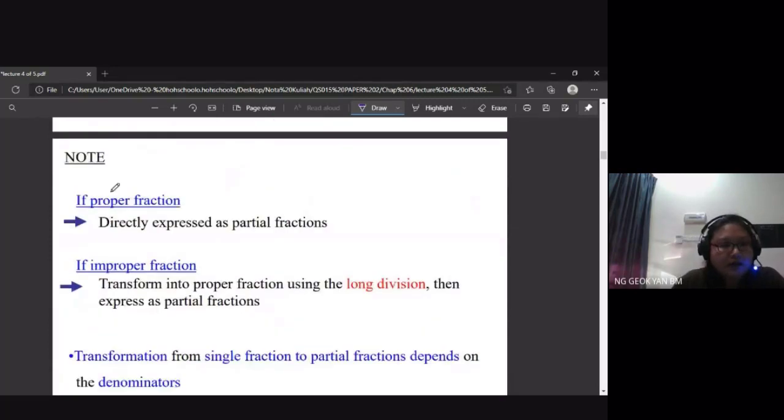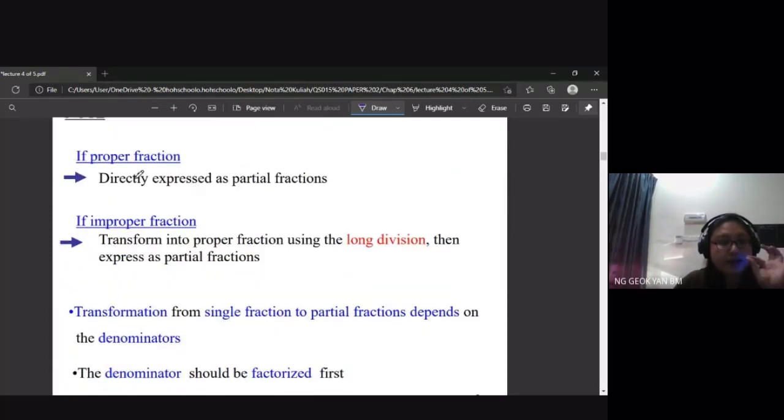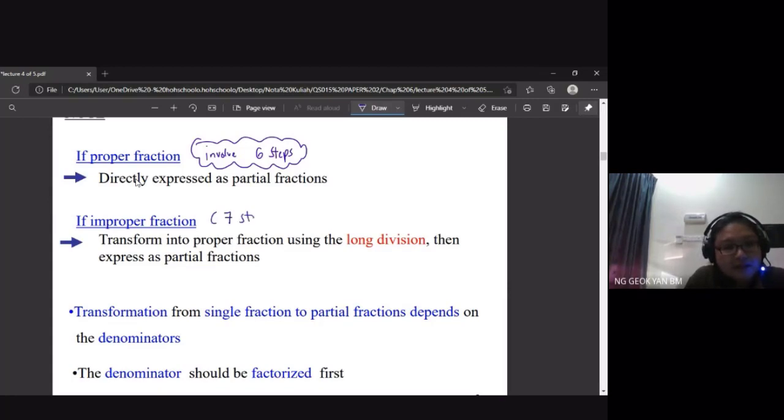Kalau dia adalah proper fraction, dia akan involve 6 step sahaja. Ini cara saya. Kalau dia improper, dia akan ada 7 step. Kenapa extra 1 step? Because you have to transform the improper fraction using long division.